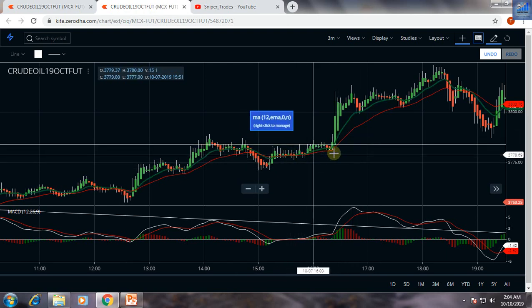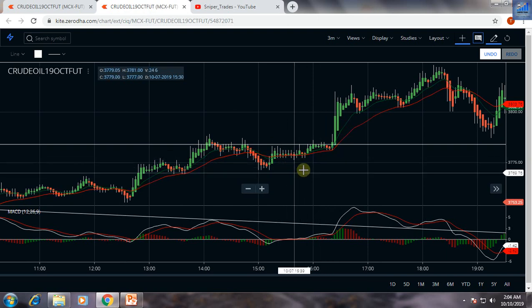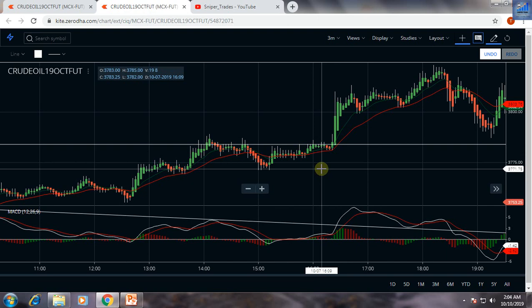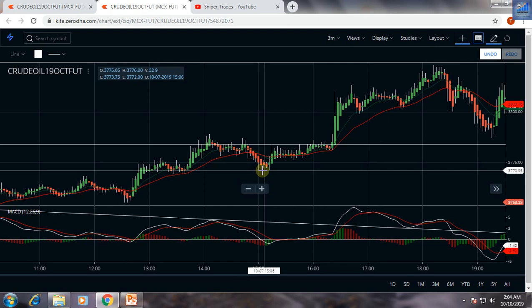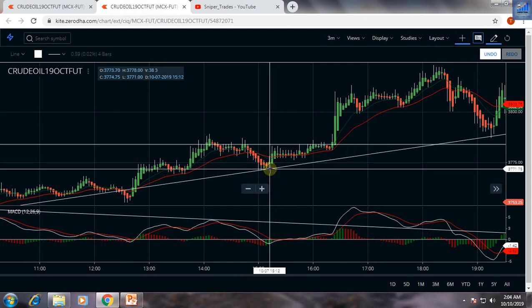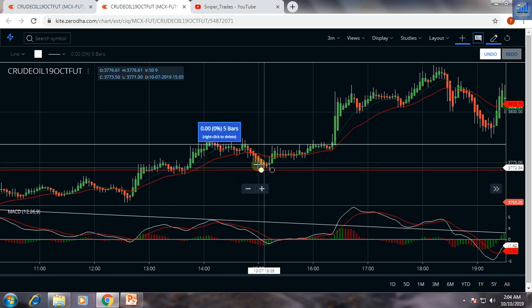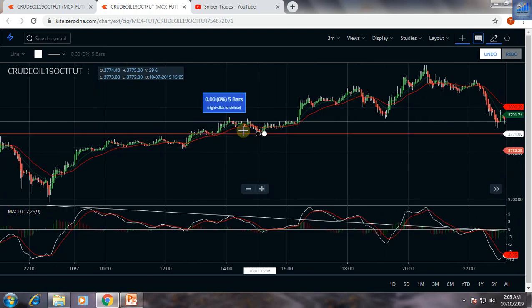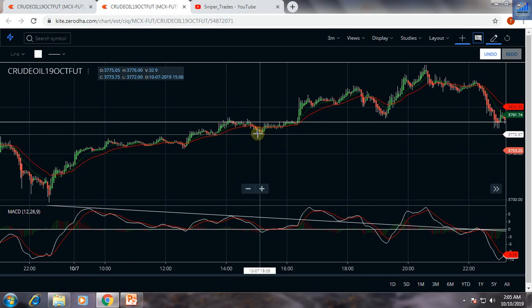If the risk taking capacity is low, we can put a stop loss at this particular low, or if our risk taking capacity is more, we can place a stop loss at this particular level. If we place the stop loss at this level, the probability of hitting it is very low, as we know that this is a support. As we can see, the price has bounced here at this particular level. It will be acting as a support.